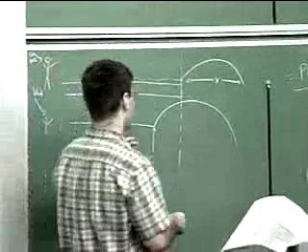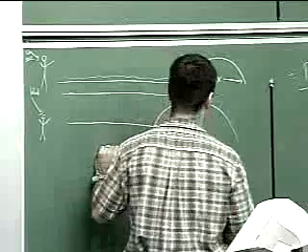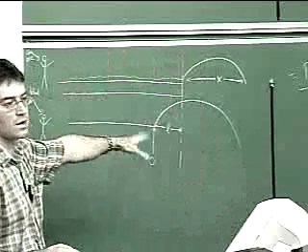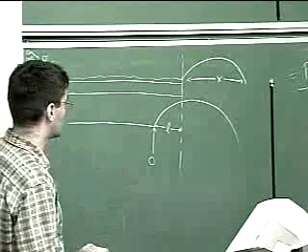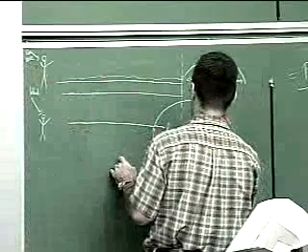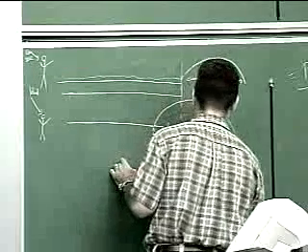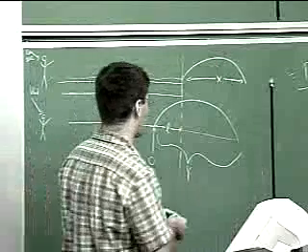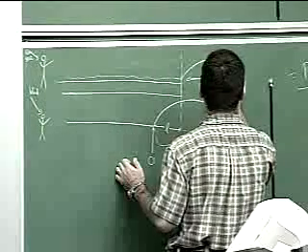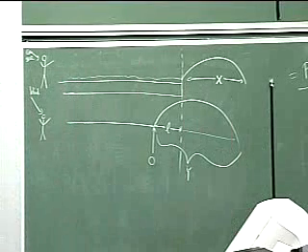Let's say he jumped a distance, let's call it little l, before the edge of the dock. The total distance that he jumps, let's call that y. And this guy's distance, we'll call that x.